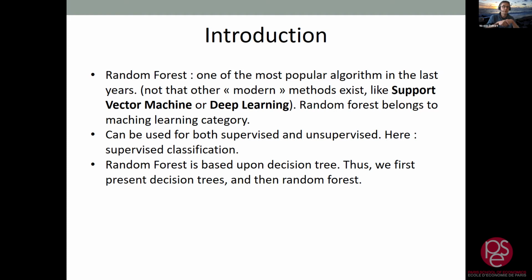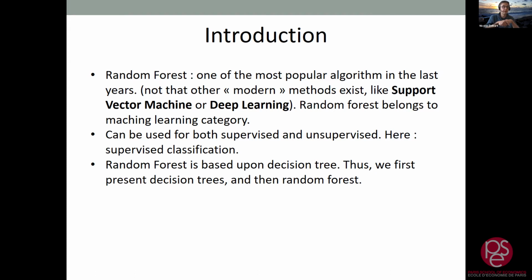So I will talk about random forest, which belongs to what is called the machine learning category. It can be used for both supervised and unsupervised classification. I will show here how it is used for supervised classification. Random forest is based upon a decision tree algorithm.